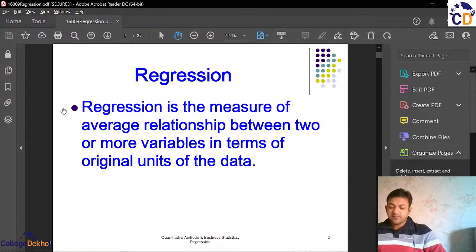Previously we discussed whether or not two quantities are related to each other, and that measure is given by the concept of correlation coefficient. Similarly, we'll be studying the concept of regression today, where we'll try to understand how much two things are related to each other and what is the effect of change in one quantity on the outcome of the other.